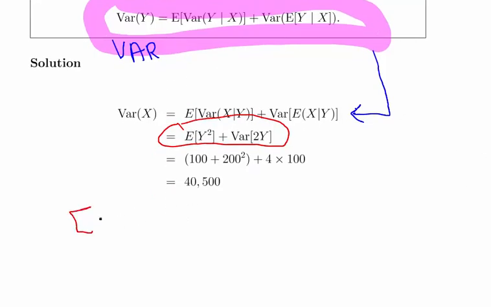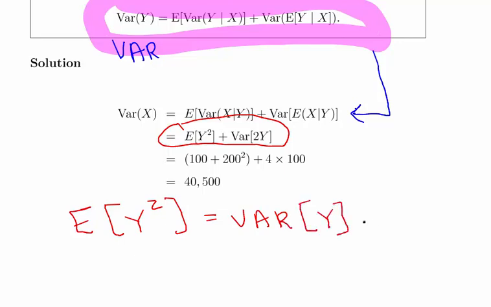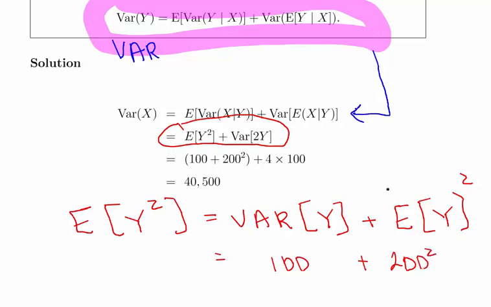The expected value of Y squared can be written as the variance of Y, which we know, plus the expected value of Y, squared, which we also know. So that is equal to 100 plus 200 squared. That's where this part comes from.